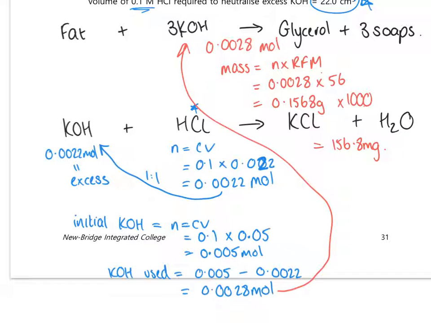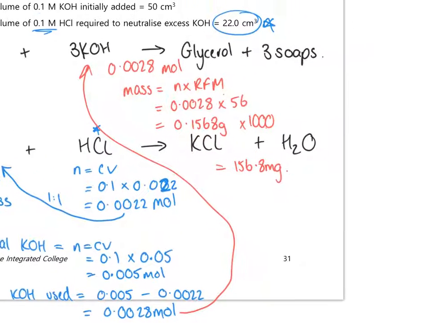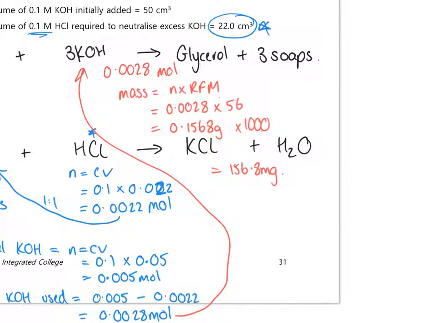Oh, not yet. Not yet. Why not yet? Because it gives you the mass of the fat. So this is for 1.053 grams of fat. What is my definition of saponification value? It needs to be for 1 gram.